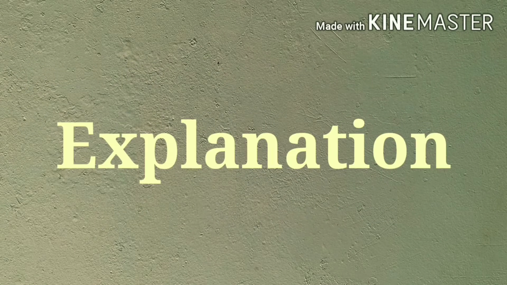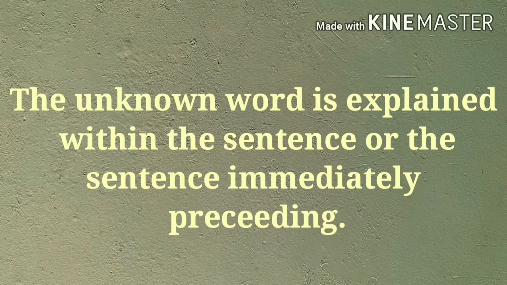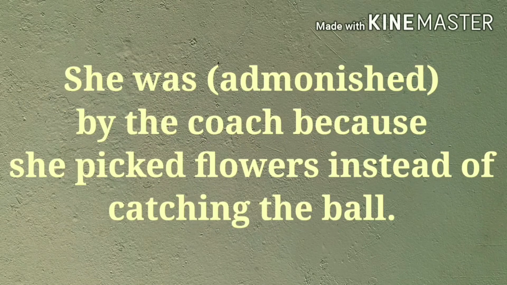Number 2 is explanation. The author used this technique to define the unfamiliar word. So the unknown words are explained within the sentence or in a sentence immediately preceding. Example: she was admonished by the coach because she picked the flowers instead of catching the ball.